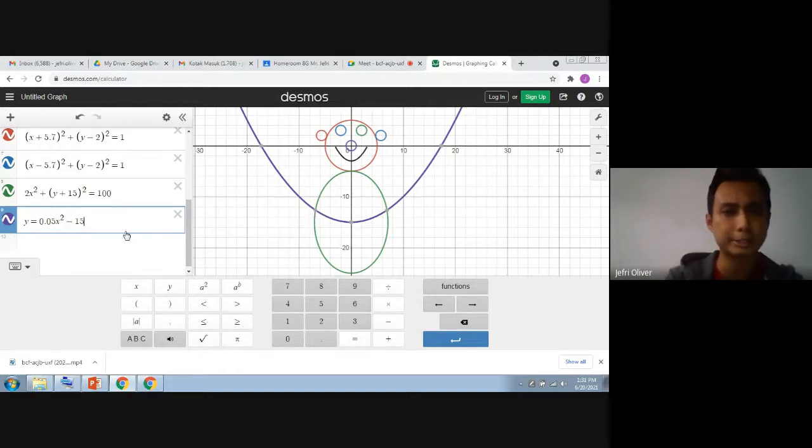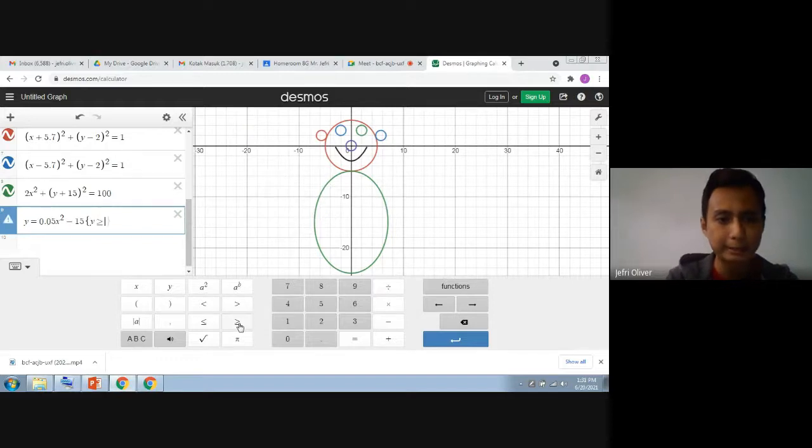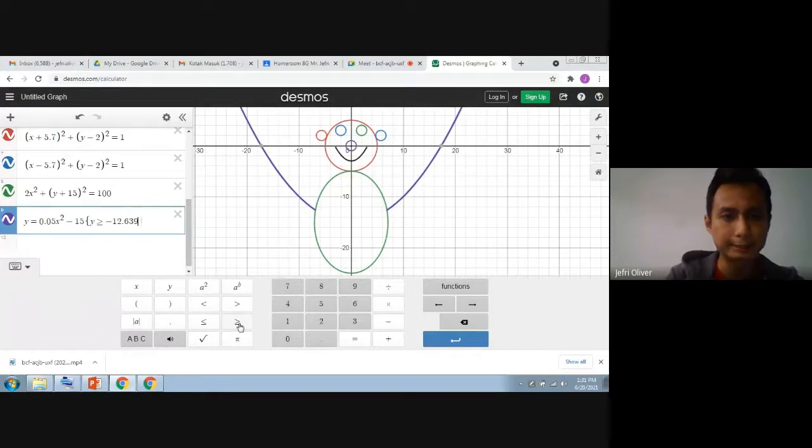So I will restrict the range. We can restrict the range, or we can also restrict the domain. So it's up to you. I want to restrict the domain for y greater than -12.639. Okay.